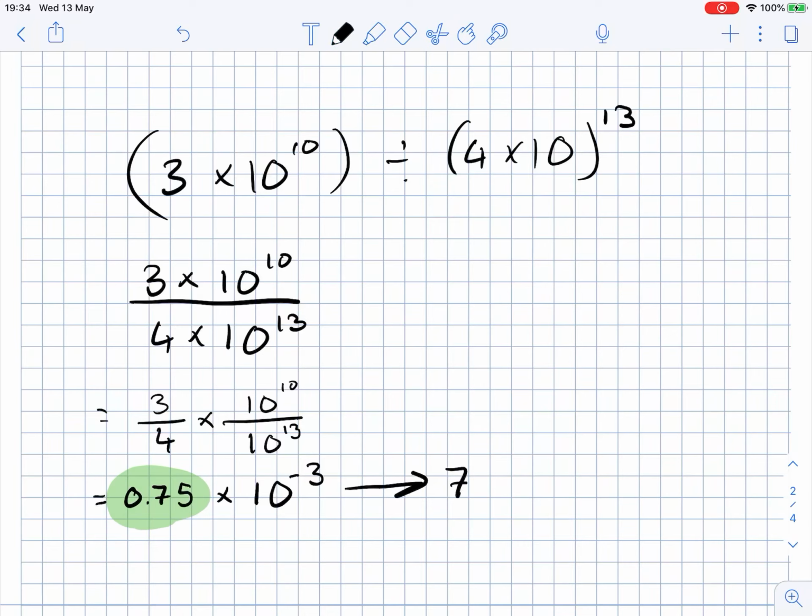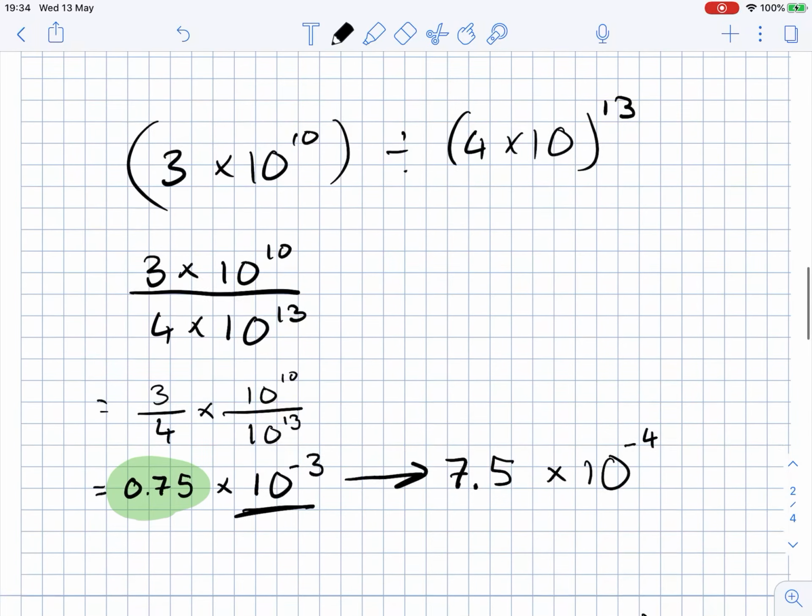But if I times it by 10 and make it 7.5, it will be. Now I should adjust the other number in standard form. So as 0.75 has been made 10 times bigger, my power of 10 needs to be made 10 times smaller. So this becomes times 10 to the minus 4.